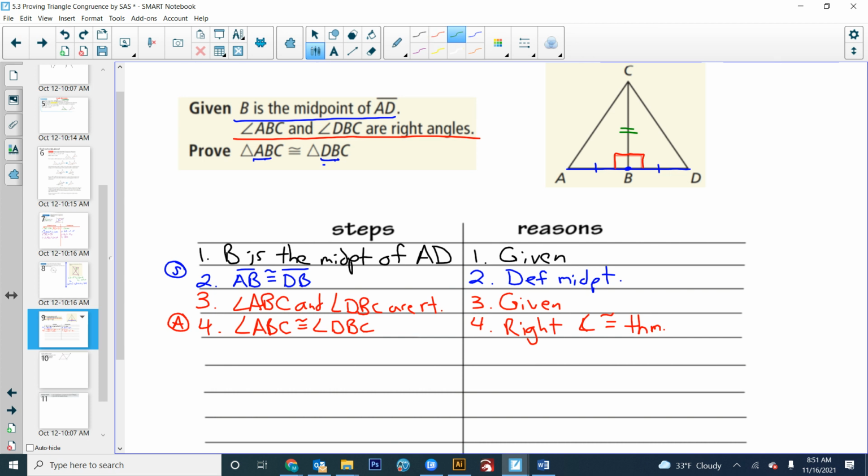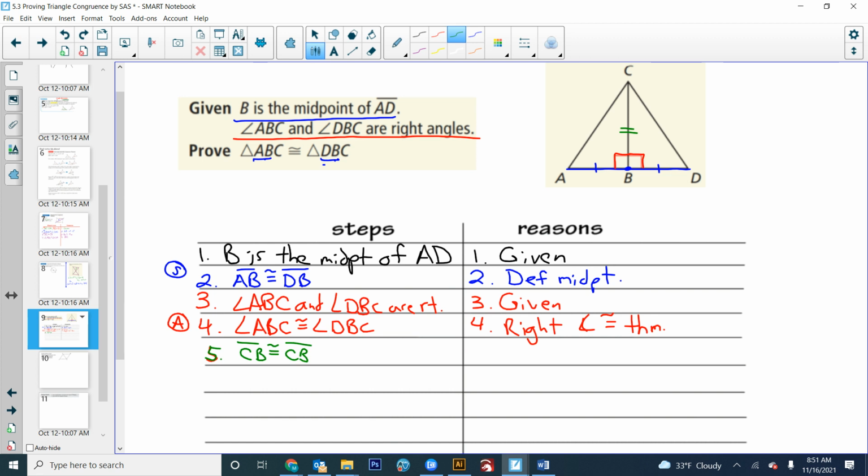Well, we're out of givens. Anthony, what do you think? What's the other S in this problem? What haven't we used yet? The reflexive. Yeah. Give me the segments that are congruent. CD and CD again.